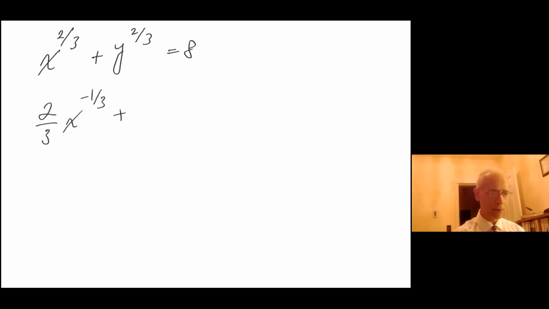Let me go ahead and go to the next page, starting with x to the 2/3 plus y to the 2/3 equals 8. Derivative of x to the 2/3 is 2/3 x to the -1/3 plus 2/3 y to the -1/3, and then I have a dy/dx, or I can say just y prime, equal 0.